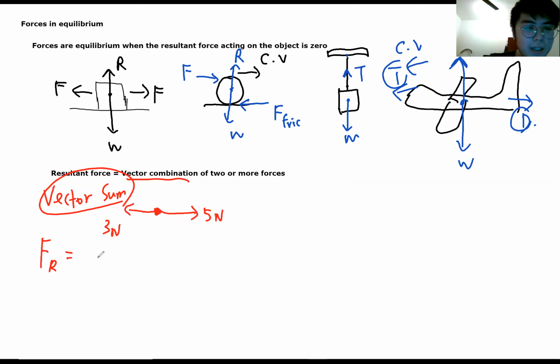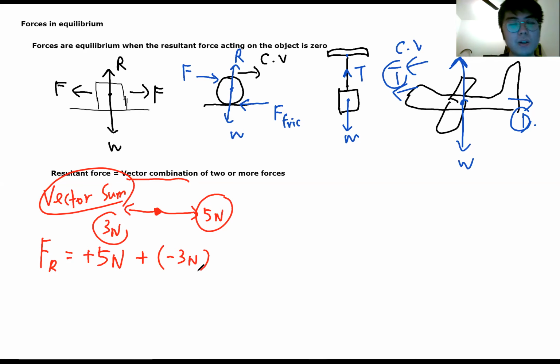So F resultant equals to, now, always remember, to the right is positive, to the left is negative. Now, since force is a vector quantity, when you add these two forces together, the 5N you need to put back positive 5N. 当然我们不用写出来，我只是写出来给你们看罢了。So plus 5N, and then you have to add because we are taking the vector sum, and this one is negative 3N, simply because 3N is acting to the left.